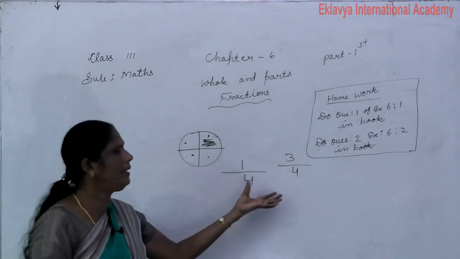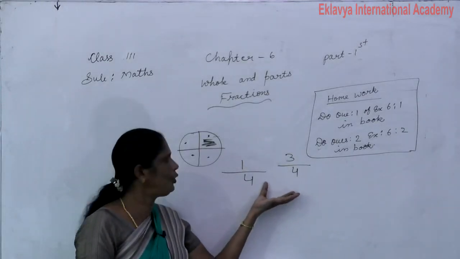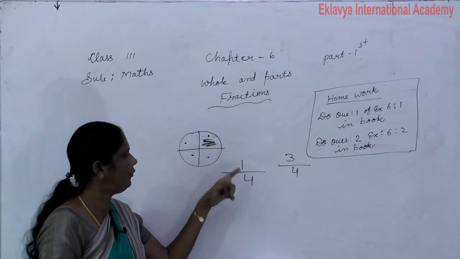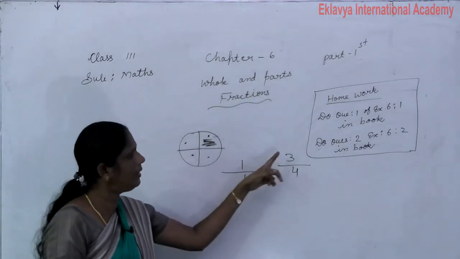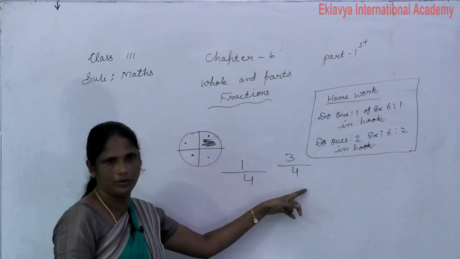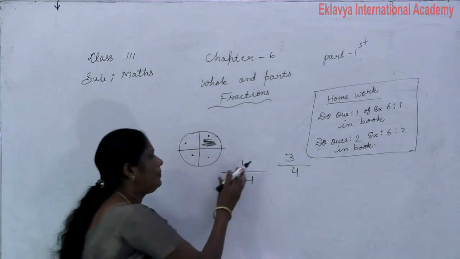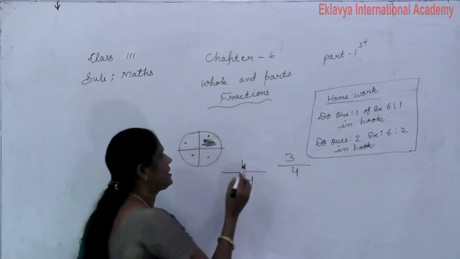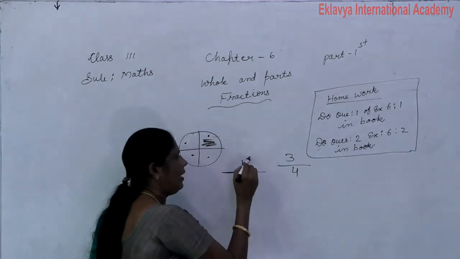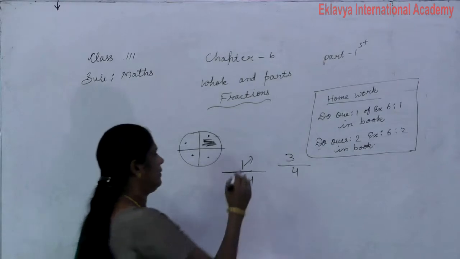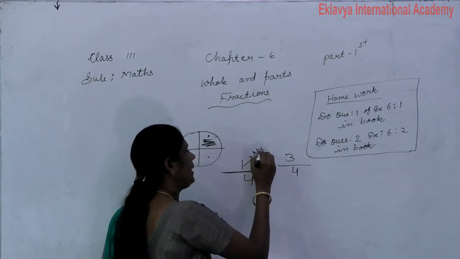How to read this number? 1/4. Here 3/4. The top of the number, that is this top, is called the numerator. What do you say? Numerator.